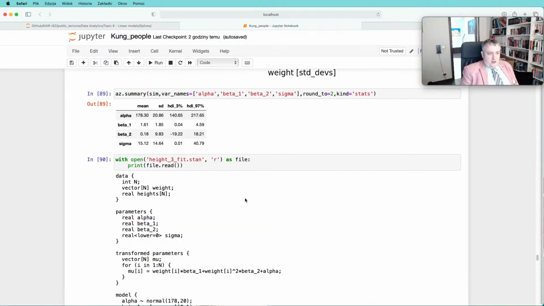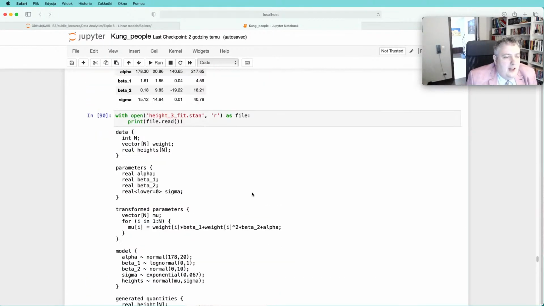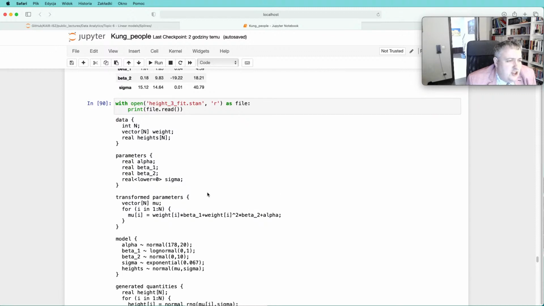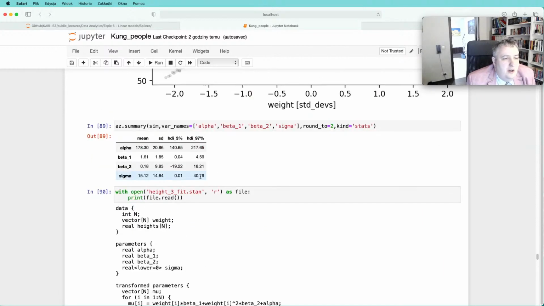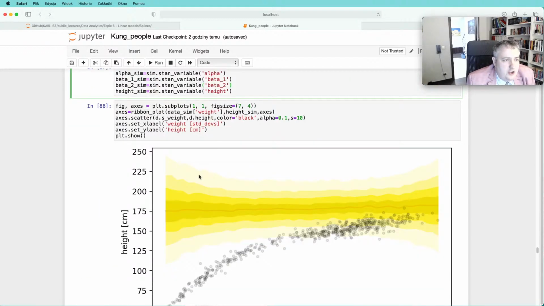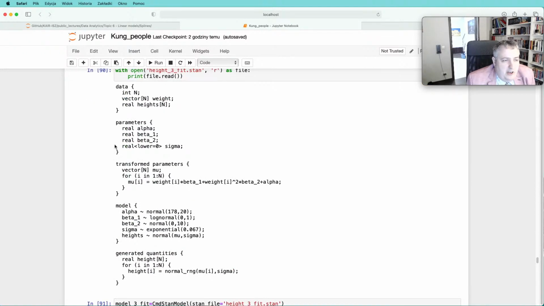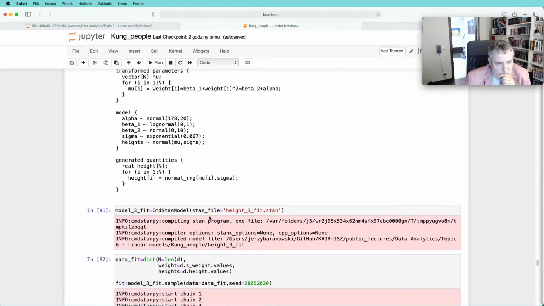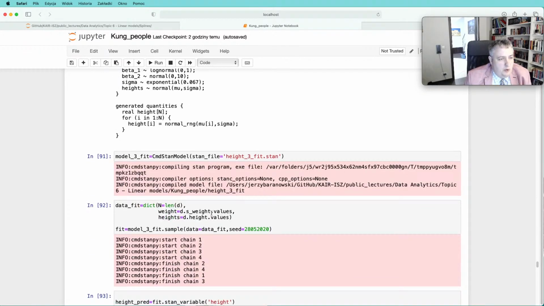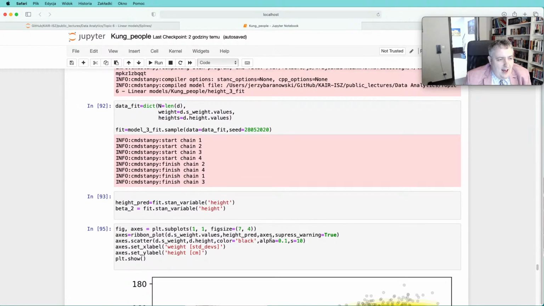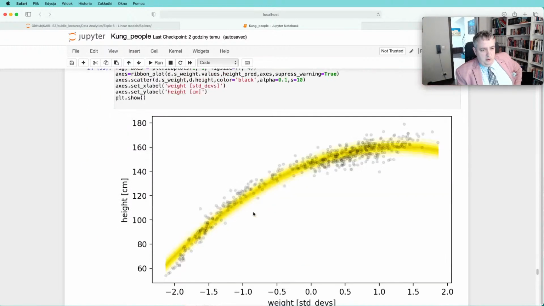Setting up the actual model, the change is generally very small. We just add the beta 2 parameter, and we are adding the square of weights, which we compute using a for loop in the transformed parameters. We compile it, generate data, fit, and predict the height and the coefficients using our model.